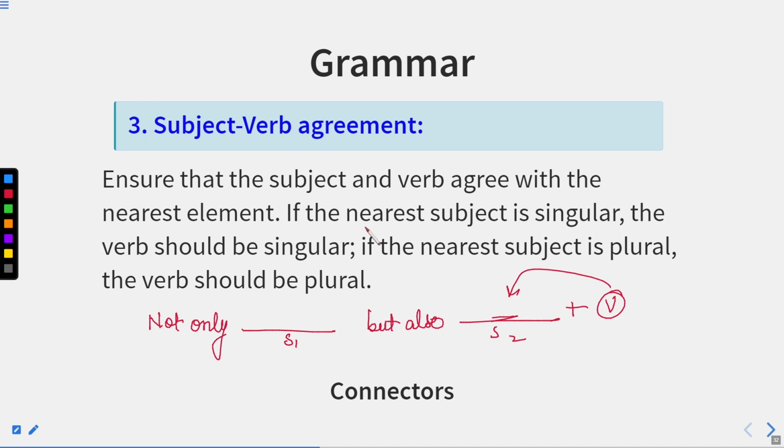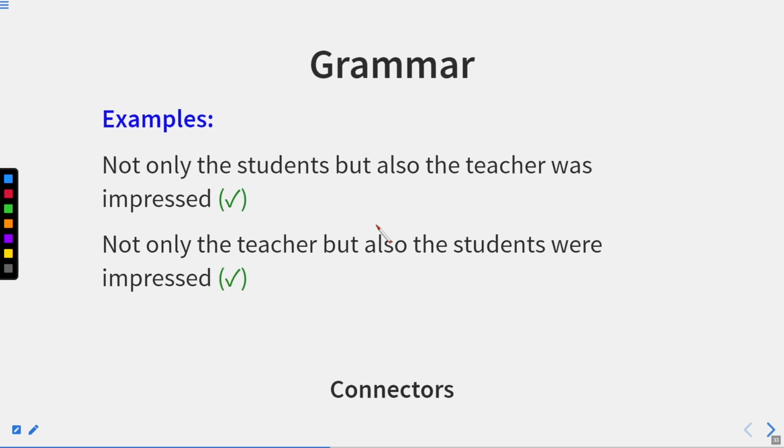Here the nearest word is essential. It is the key word, that the nearest subject should be kept in mind while we are applying the verb in this structure. For example, not only the students but also the teacher was impressed. Now here you can see the second subject is teacher, which is singular. So we are using was. It does not matter that students is written here.